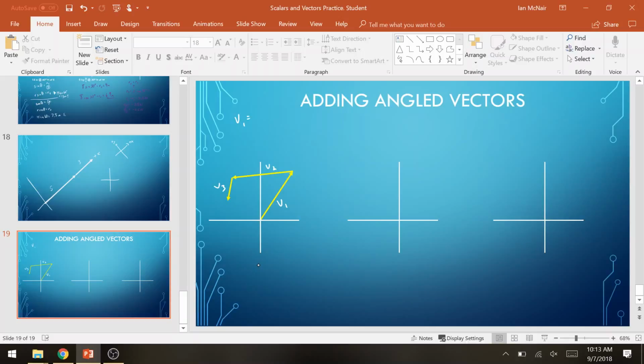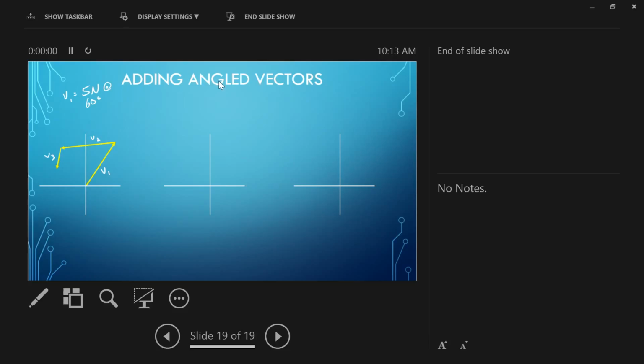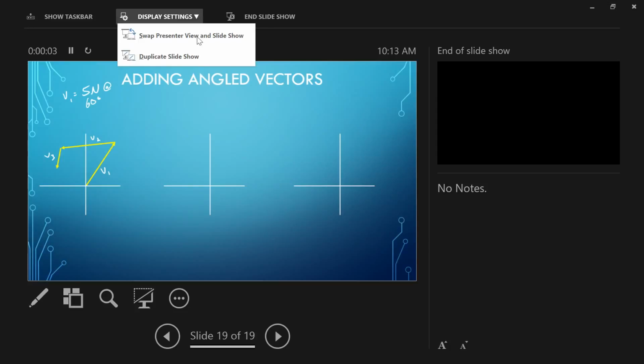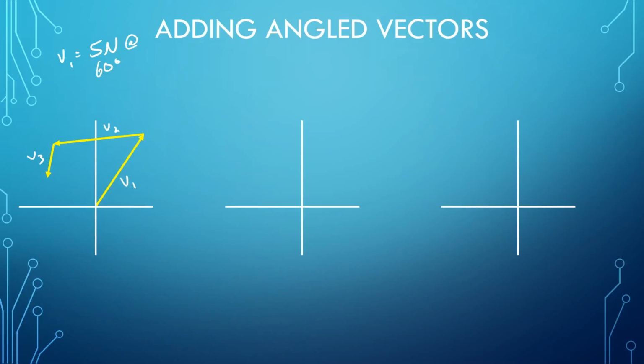So let's say V1 is equal to, we'll work in newtons, 5 newtons, at 60 degrees. Let me make this bigger for now. It's a little easier for me. 60 degrees, what? I'm going to say north of east.